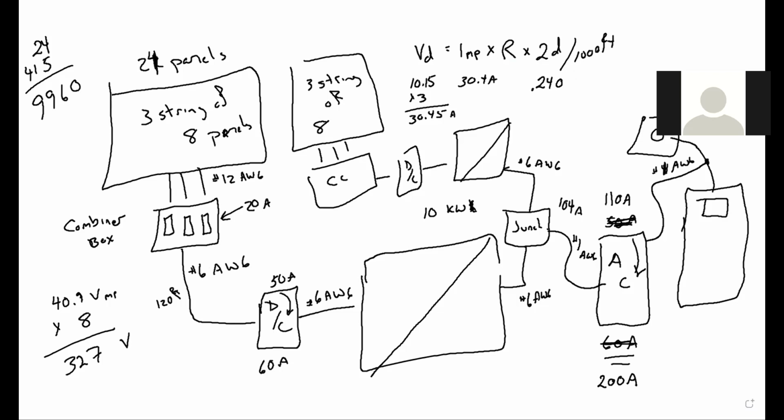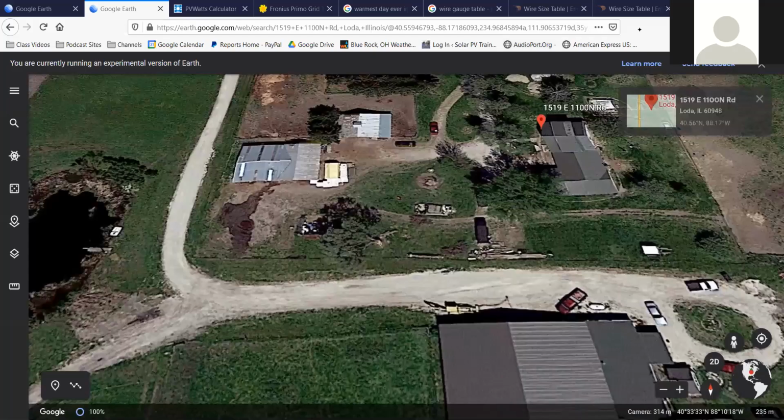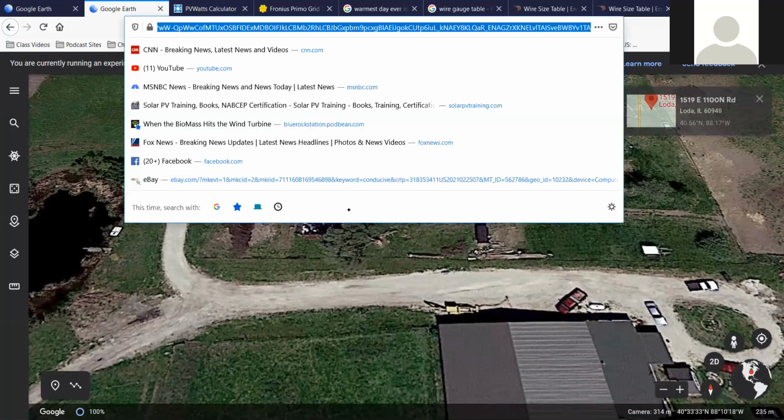So in your book, there is a table, but I don't have the book up here. So let's look online, see if I can find it with a quick little Google search. So resistance.